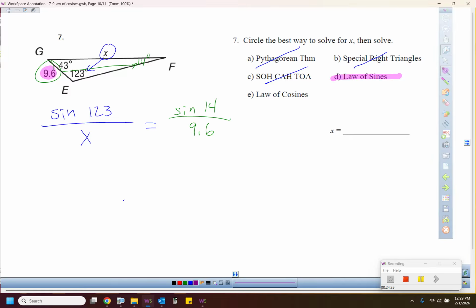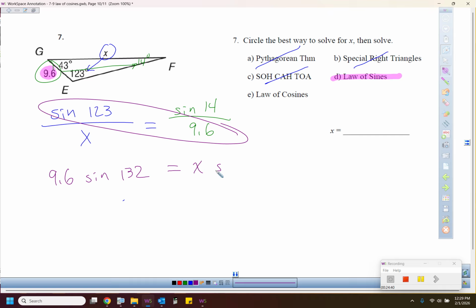And remember, we solved those with cross multiplication. So 9.6 sine of 123. Did a little cross multiplying there. Equals x times the sine of 14. And then we will divide both sides by the sine of 14. And punch that in one thing at a time.